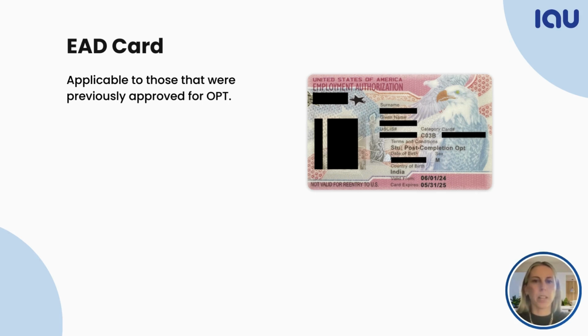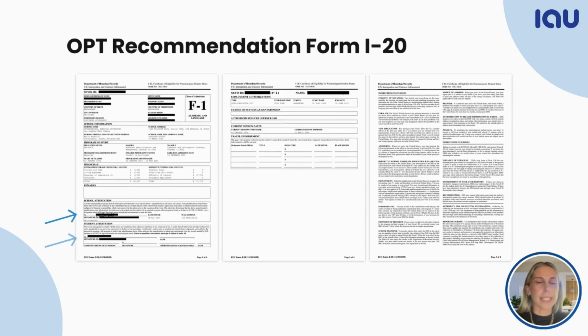Here is what the EAD card looks like. And lastly, your OPT recommendation I-20. Again, this is what it looks like, signed by a DSO. You need to sign and date as well. And it will show your post-completion OPT in requested status with a start and end date.